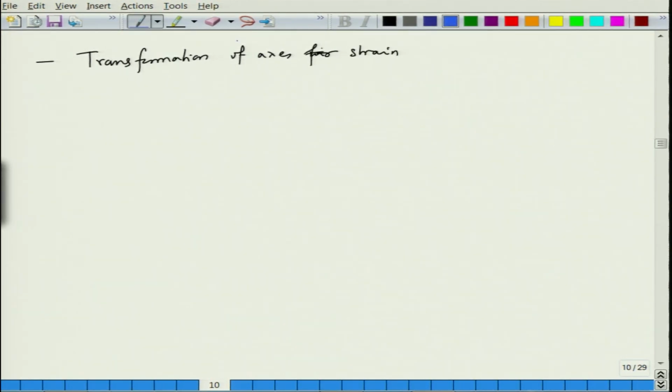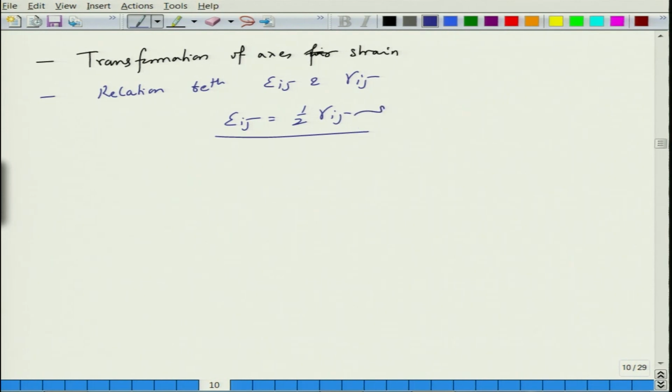We also looked at the relation between epsilon ij and gamma ij. We saw that epsilon ij is equal to half of gamma ij for mathematical reasons. So this is basically shear strain, which is the engineering shear strain.